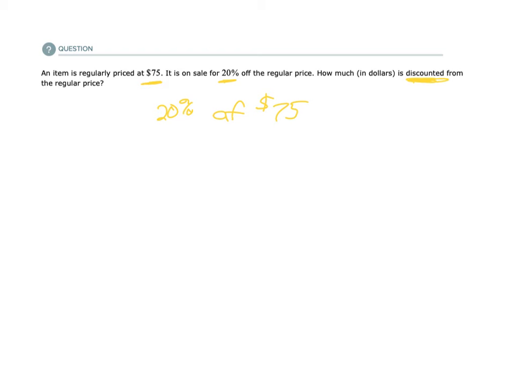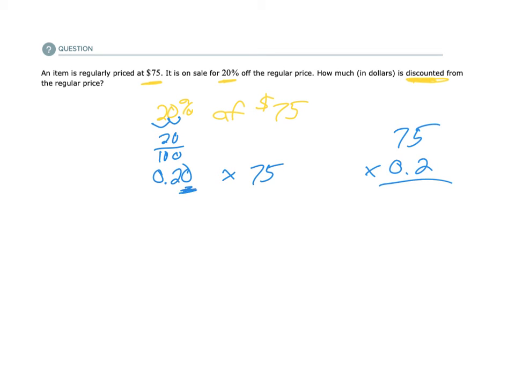Okay, so 20% is 20 per 100. I could make this into a fraction problem, but I'm going to make it into a decimal problem. I'm moving the decimal over 2 spots, so 0.20. Of means multiply 75. So I'm going to do 75 times 0.2. I can drop that last 0.